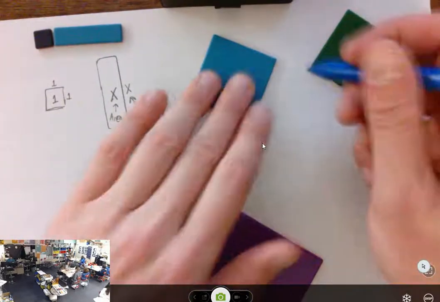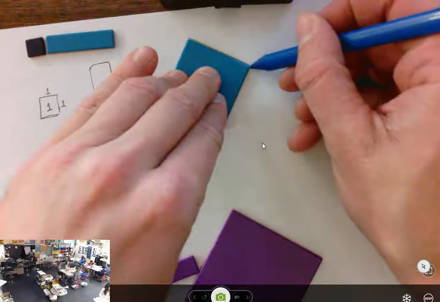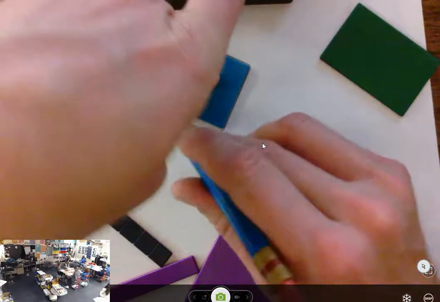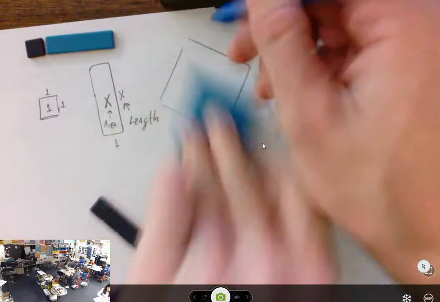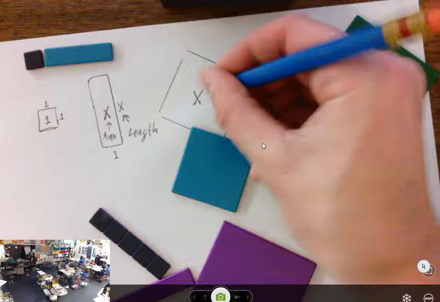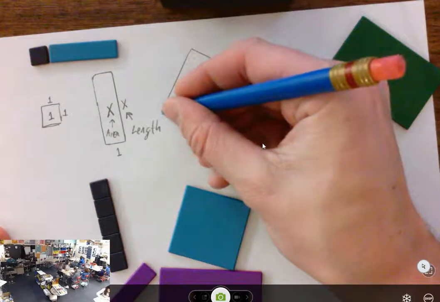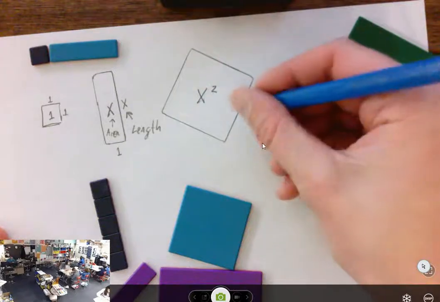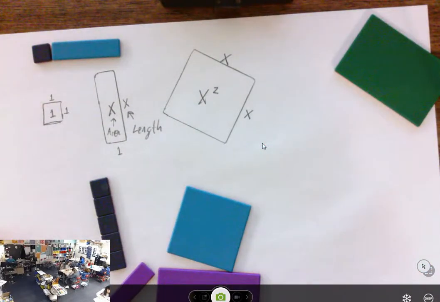What about the square teal tile, or turquoise, or whatever color this is? It's an X square. Literally called X squared. Which means its dimensions are X and X. Now, hold up.